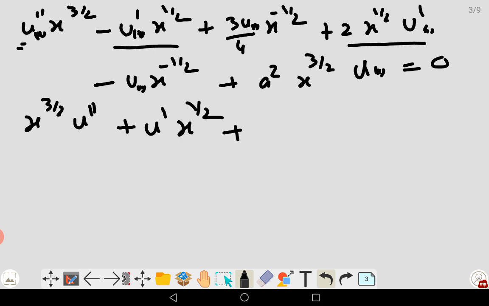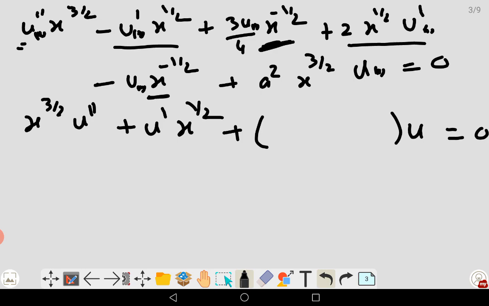When you take u outside, 3 by 4, what are the other things in the bracket? Here there is a u, here there is a u, here there is a u.